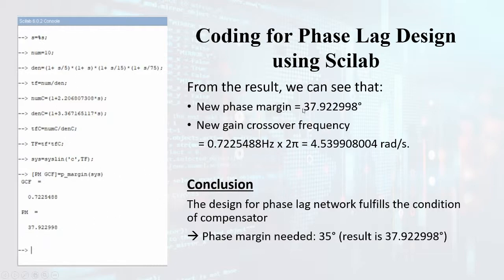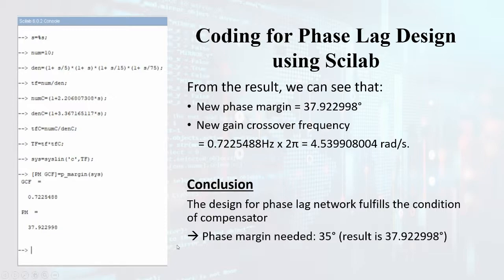Because that's only frequency, to get omega we have to multiply by 2 pi, so we will get 4.539908004 radian per second.